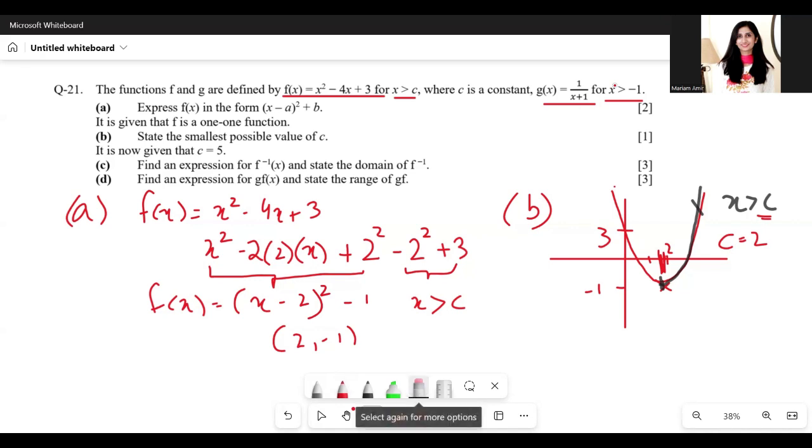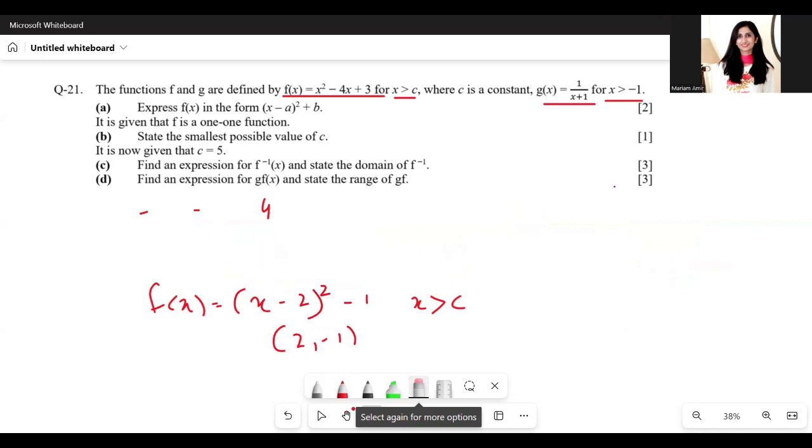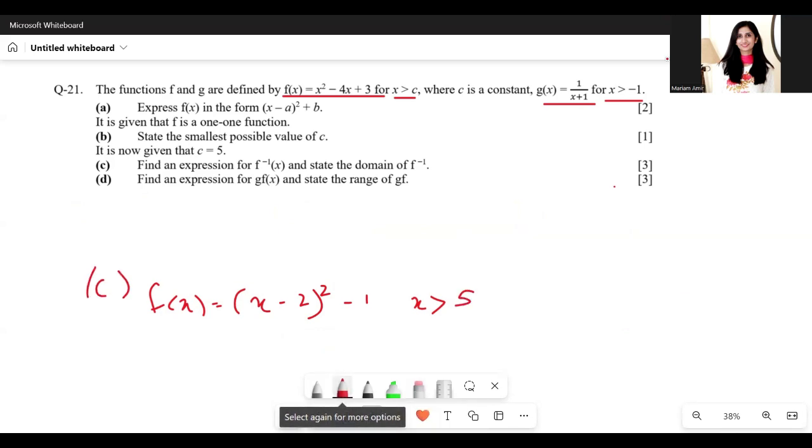Part C is, it is now given that c is equal to 5. So I am rewriting this as x is greater than 5 for part C. Find f inverse and state the range of f inverse.